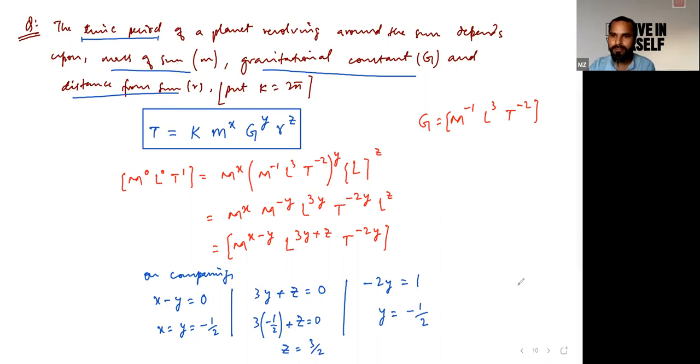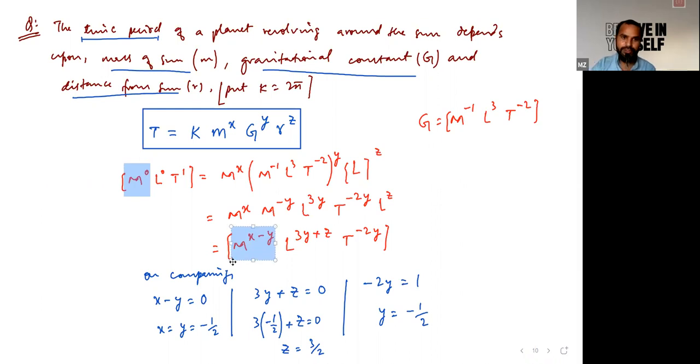Okay, Mohammed Umar? Could you explain that again? I've just defined the dimension of mass in the left hand side, which is nothing but m raised to the power 0. Just see here, and just see this right hand side segment.